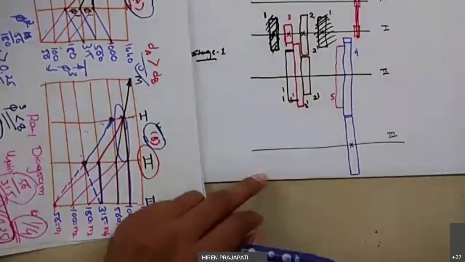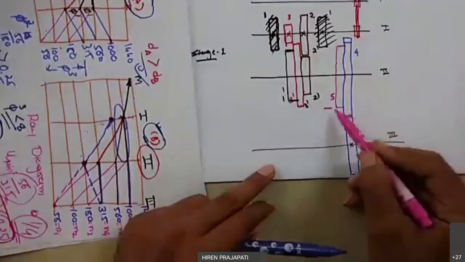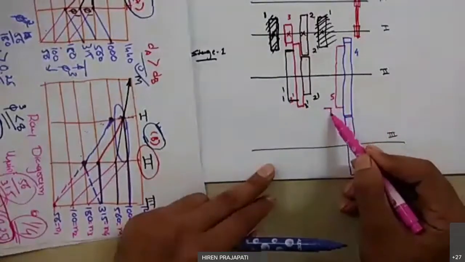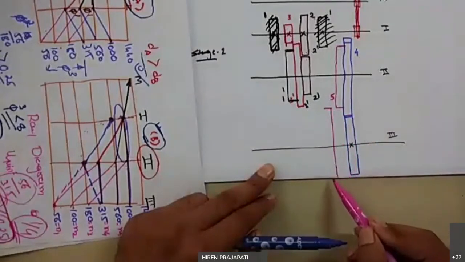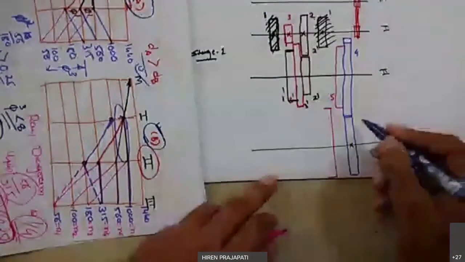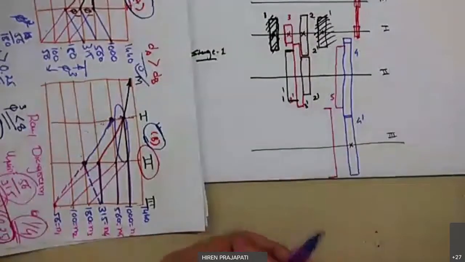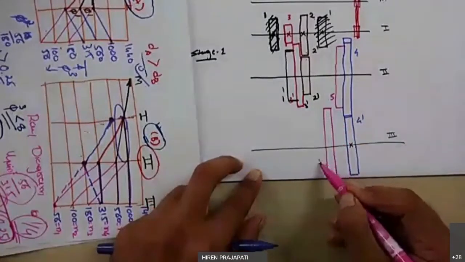And I draw one another gear, a pink color gear, of large diameter compared to this 4 dash. So this is 5 dash, and this is also 6.